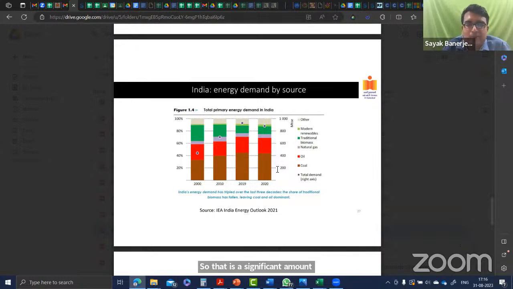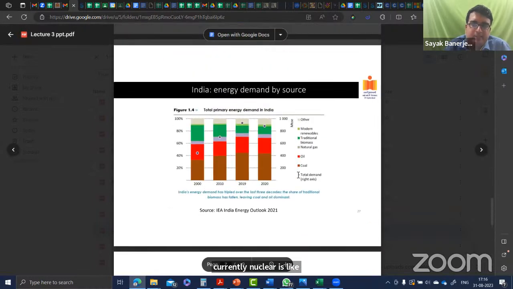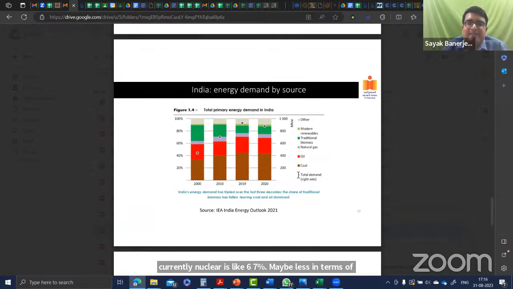Currently nuclear is like 6-7%, maybe less, of the total electrical supply. If everything has to be replaced, you will require at least 20 or 30 times more uranium fuel input than what is happening today, which is currently not feasible. Maybe there is enough uranium in the world, but the demand supply mismatch will be there.